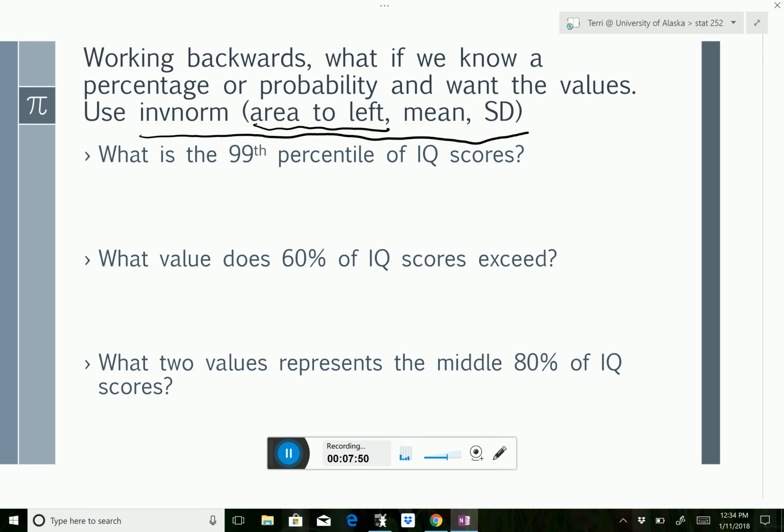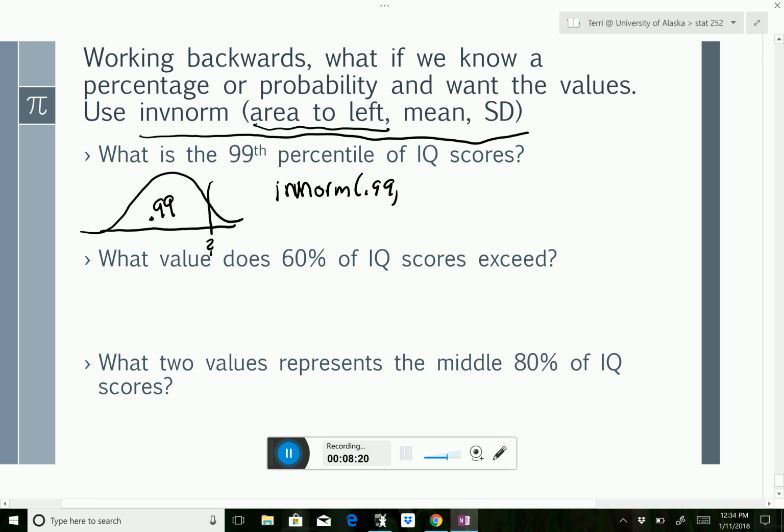So, what is the 99th percentile of scores? If you remember percentiles from taking your SATs, you know that the 99th percentile is the X value at which 99% of the scores are below. So, that's the same thing as inverse norm.